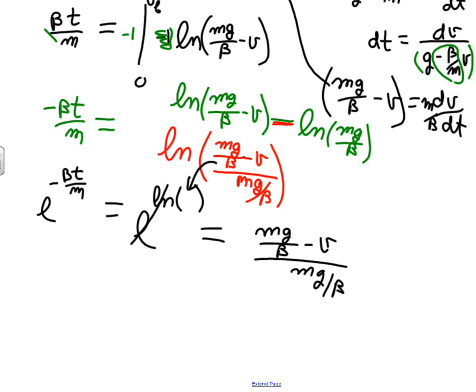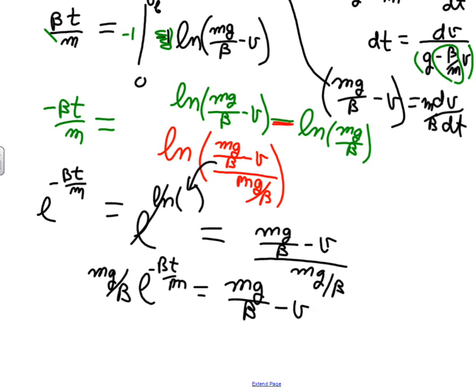You see what happened? I just got rid of the natural log. Now the rest is just algebra. If I multiply both sides by mg over beta, I have mg over beta times e to the minus beta t over m equals mg over beta minus v.